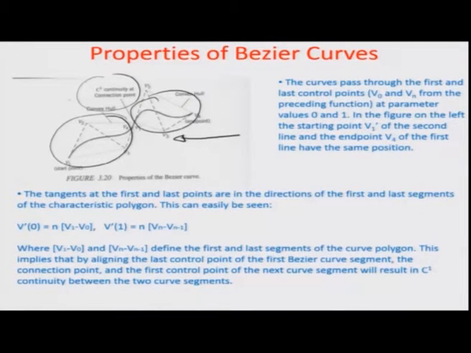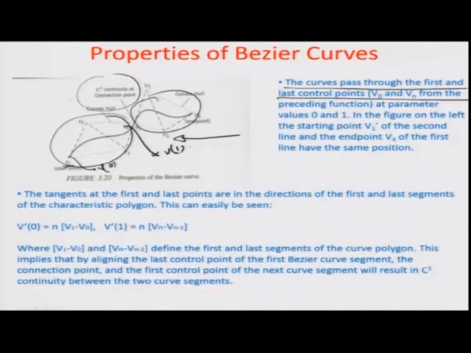The curves pass through the first and the last control points V0 and Vn. In this particular case, V0 should be the point which you know as V1 here, corresponding to t equal to 0, and the point here, V4, which is somewhere here, in the first segment, corresponds to t equal to 1.